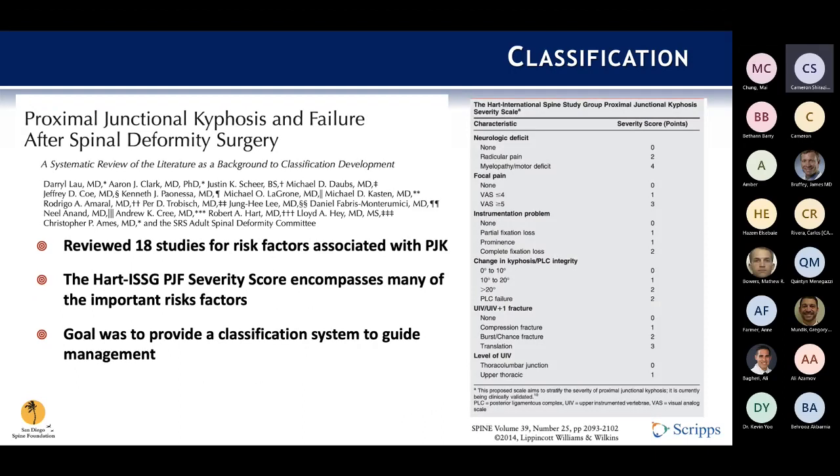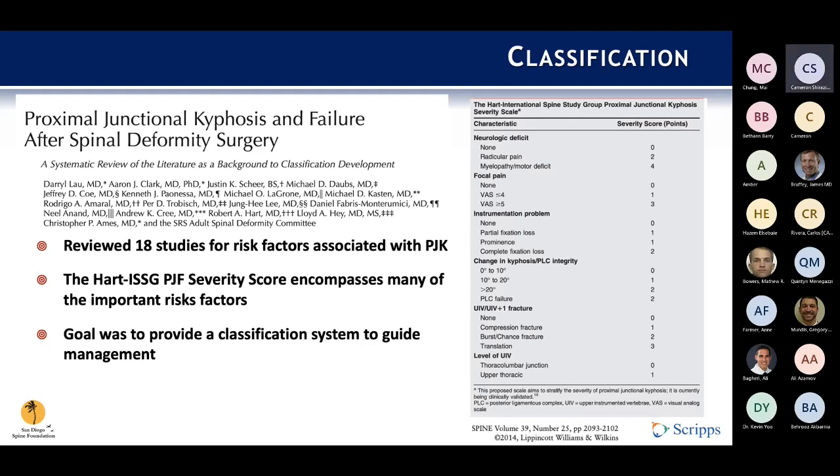Here's another study published by Hart et al. in 2014. This looked at 18 studies for risk factors associated with PJK, and they had the Hart ISSG PJF severity score, which encompasses many of these risk factors. The goal was to provide a classification system to guide management as well.